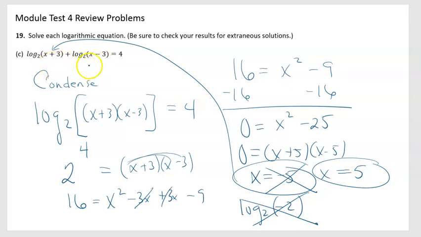That can be simplified and it will give you 4. But more important is that it doesn't give you the logarithm of negative numbers. So this guy checks out. If you want to check it all the way through, you can, just to make sure you did it right. But checking for extraneous solutions, once you know you don't have a negative inside a logarithm, you're good to go.